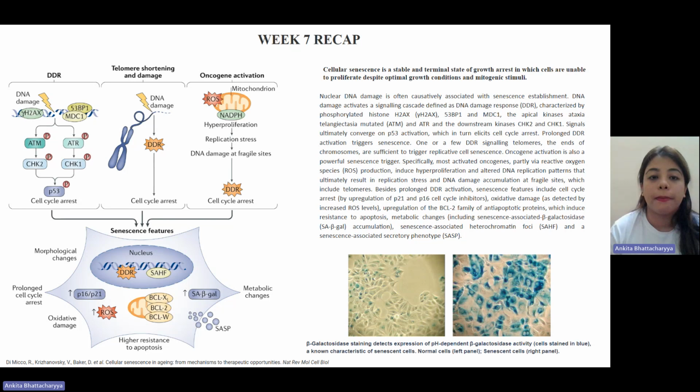So senescence is considered to be a hallmark of aging, which is something I'll come to in the next slide. But what we are looking at here is that there are a lot of factors which affect senescence. I think it was one of the preliminary diagrams that was presented in the lecture as well. And for your own reference, you can go to this review.